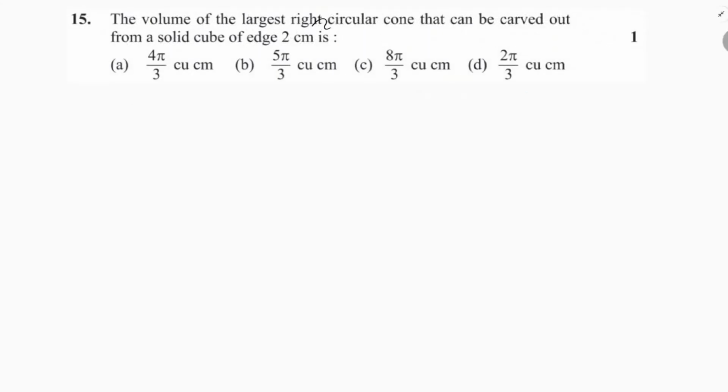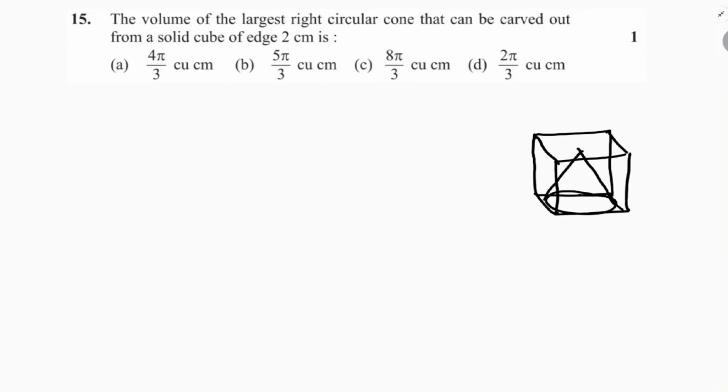The volume of the largest right circular cone that can be carved out from a solid cube of edge 2 centimeters. See here, we have a cube of 2 centimeters, and from that a cone has been carved out. You should take out a cone in this way.